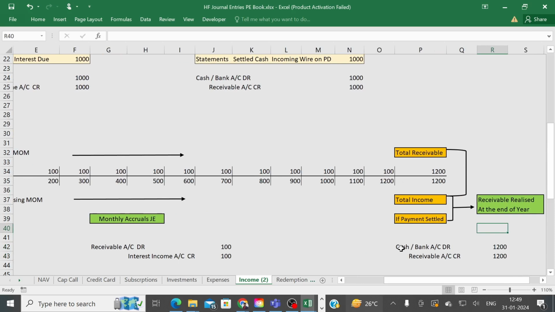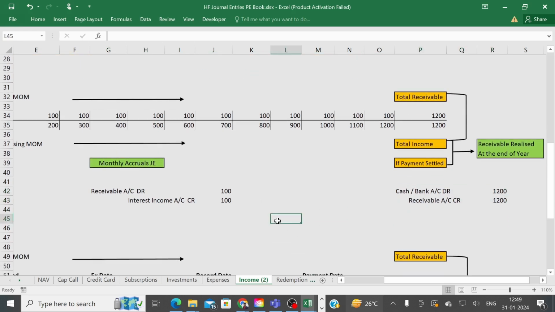And at the end, once the receivable is realized, you record the entry: cash and bank account debit to receivable account credit. Why? Because the accrued interest has now been realized. This is how we record interest payments in the books of account.